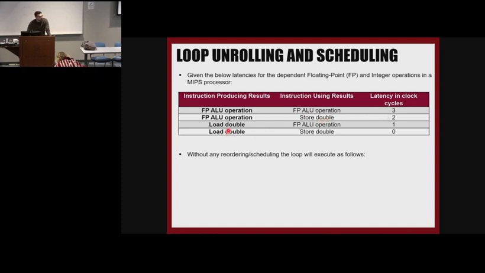If we have a load double, and after that we have a floating point ALU operation, we need 1 clock cycle between them. And if we have a load double followed by a store double, we don't need to stall it. Okay, you don't have to memorize this, it is the information that's provided to you.